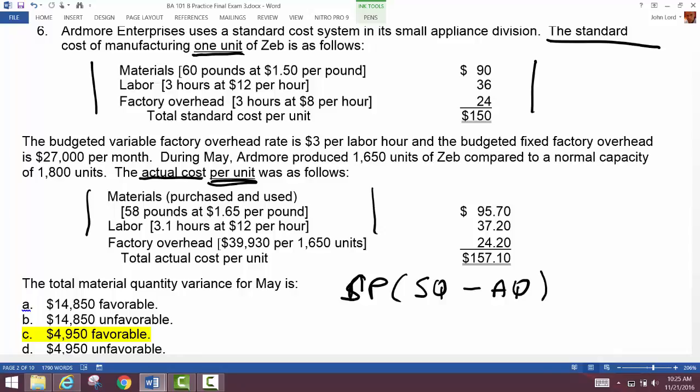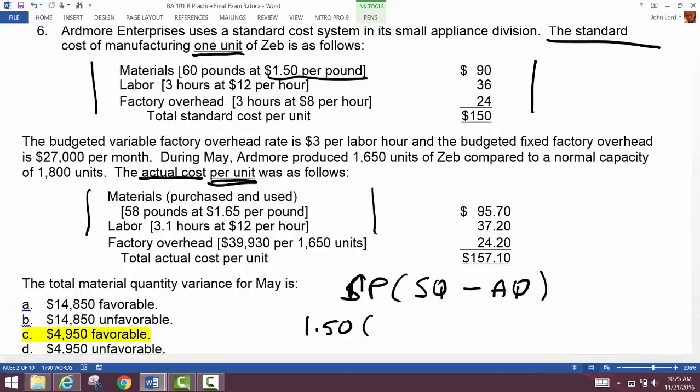The standard price is $1.50 per pound. You've got to look up there for the standard, $1.50 per pound. And then it's standard quantity minus actual quantity.